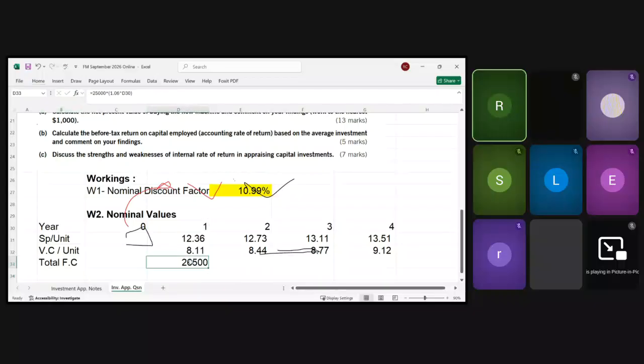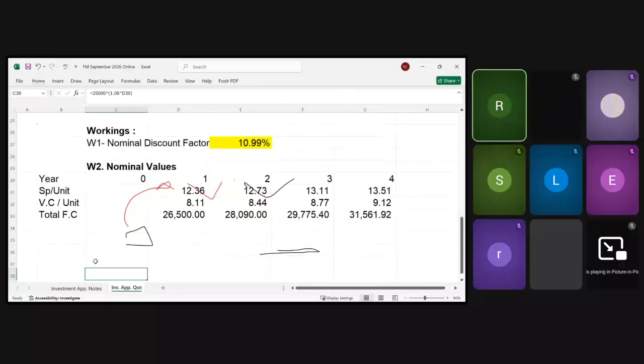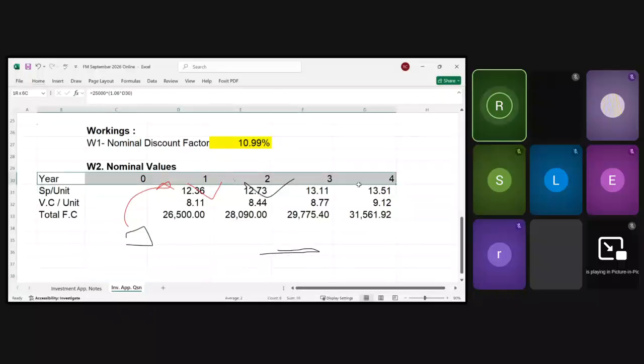Right, let's compound that up to the end. This is what we have. Right, we are done with our inflation. We have inflated everything here.